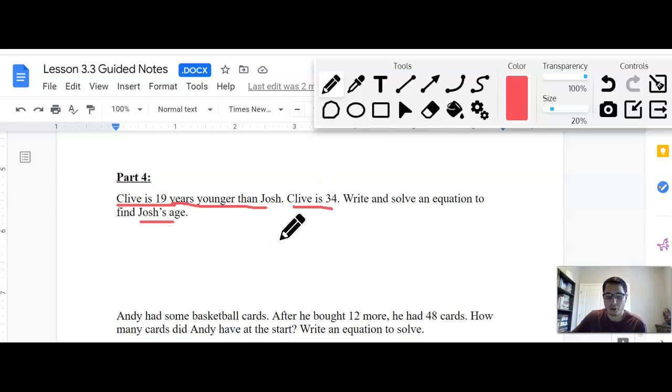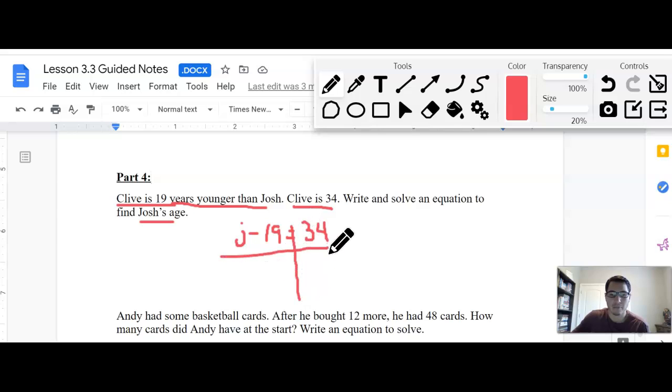So writing our equation, we're going to say Josh minus 19 equals 34. Josh's age minus 19 years is going to equal Clive's age, which is 34. So now we can solve for Josh's age.